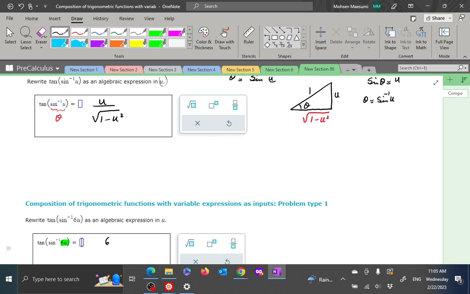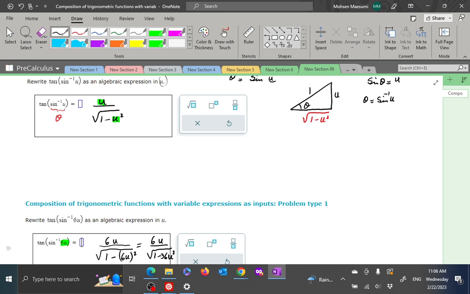Without any additional work, this is going to be 6u divided by radical 1 minus 6u squared. Wholesale, all of the u's are replaced by 6u. Now you can simplify a bit and write it as 1 minus 36u squared.